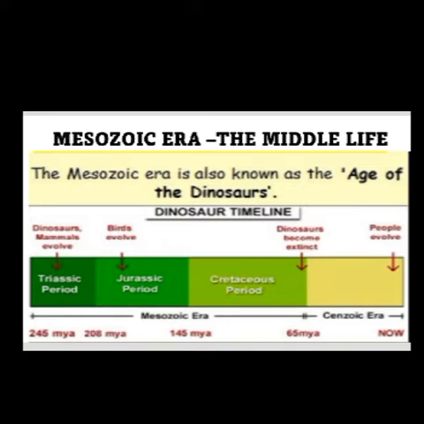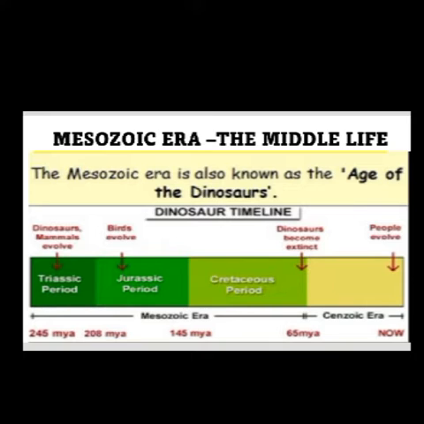The Mesozoic era is an era of time between Paleozoic and Cenozoic eras. The Cenozoic is the current era humans live in. The Mesozoic era is divided into 3 periods: the Triassic, Jurassic, and Cretaceous.